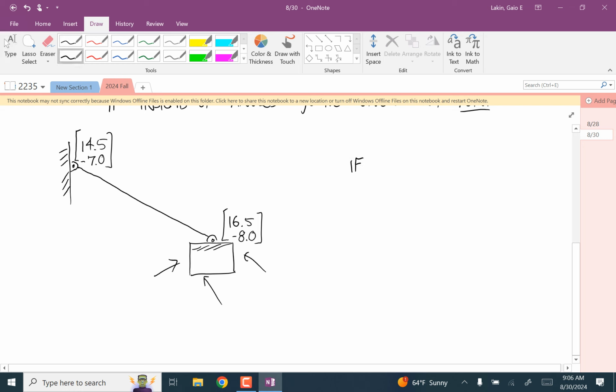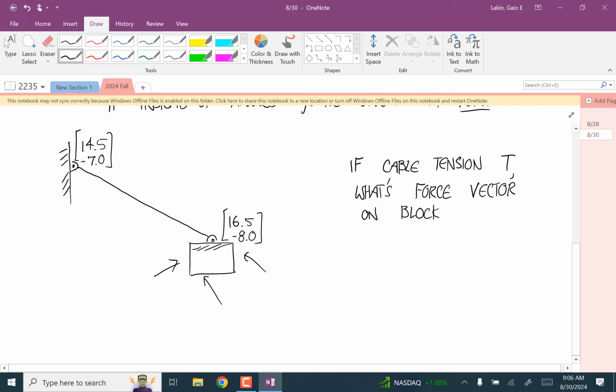Okay, we don't know what the tension of this cable is usually at the start of a problem, but we're going to call this cable tension T. What's the force vector applied to the block by the cable?